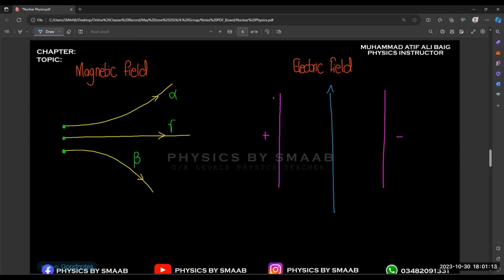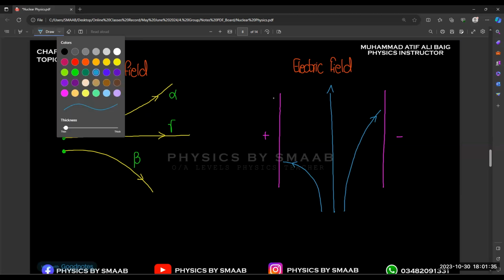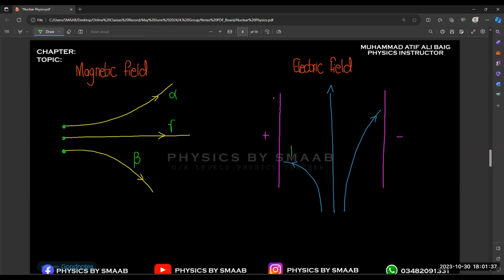And if we talk about alpha, alpha will move like this with a small angle, and beta will move like this with a very large deflecting angle. Okay. So you can easily identify that beta deflects quickly. This is for gamma, this is for alpha.